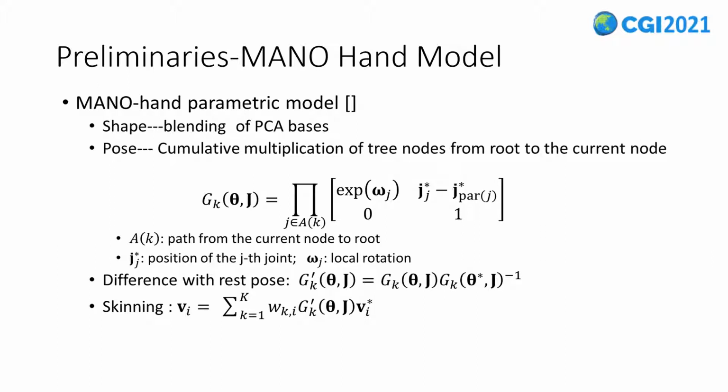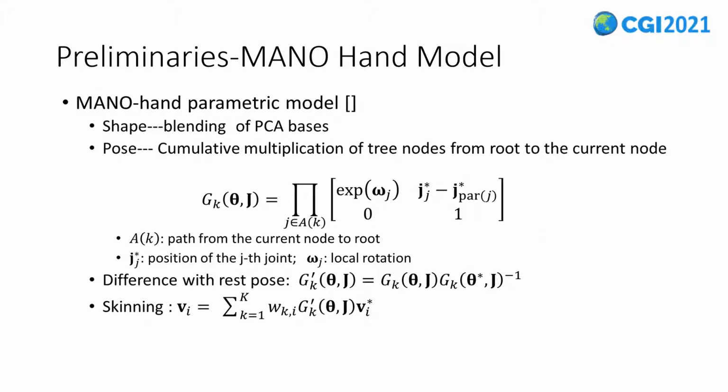It employs a group of PCA bases to capture the shape variation of specific hands and then employs the skeleton skinning technique to generate motion gesture of the specific hand, which means the rotation of one joint is a cumulative multiplication of the nodes from the root to the current node.